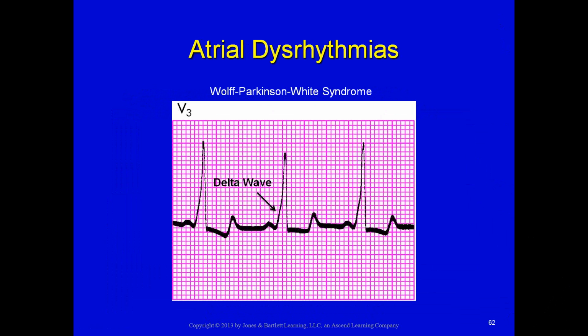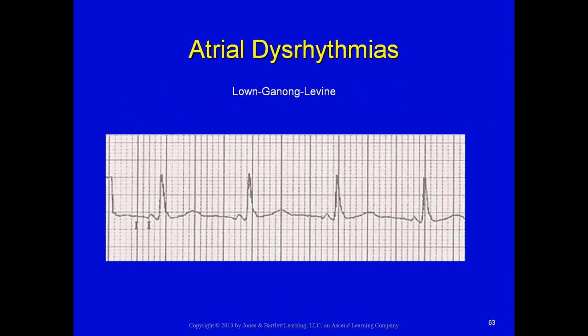So there's a little aberrancy in the conduction there, which causes a little slur in the QRS. So here's the Lown-Ganong-Levine, where you have the P wave and then no delta wave. It looks a little wide on the back side on the S, but there's no slurring of the R wave immediately following the P. So that would be LGL.